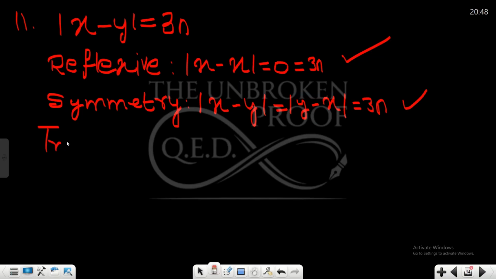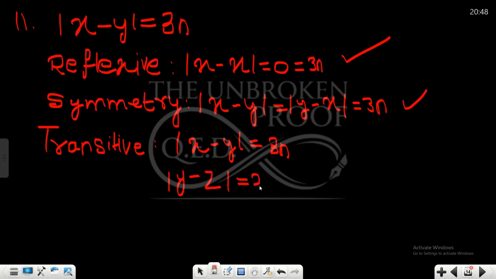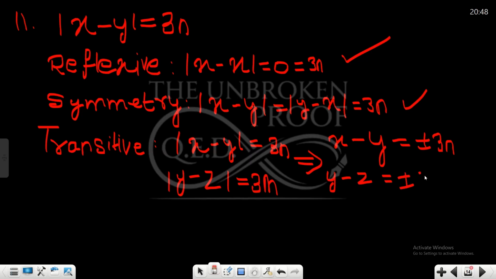Now if you see transitivity, |x - y| should be 3n, and if |x - y| is 3n and |y - z| is, let's say, 3m, this implies that if you remove the modulus from these two equations, you will get x - y equal to plus or minus 3n, and y - z equal to plus or minus 3m.